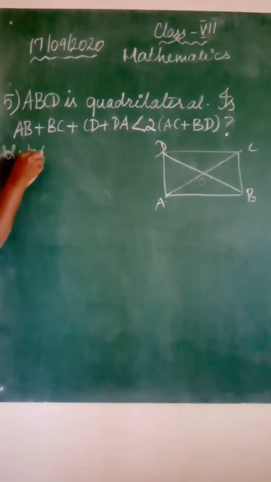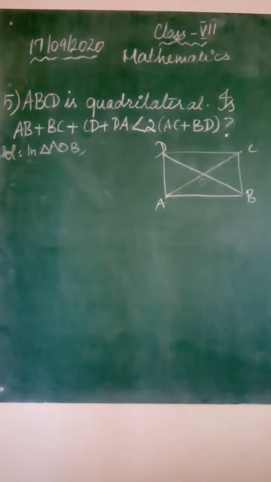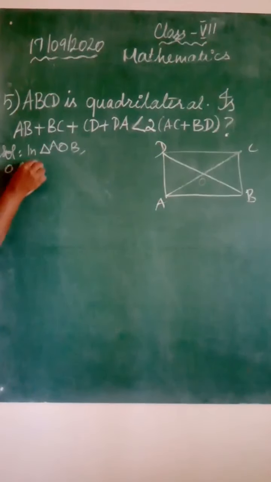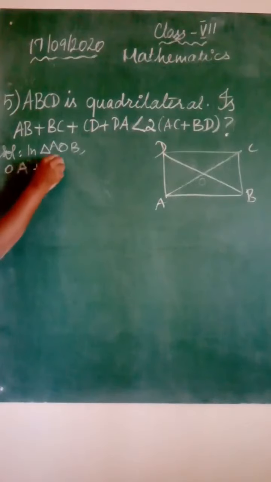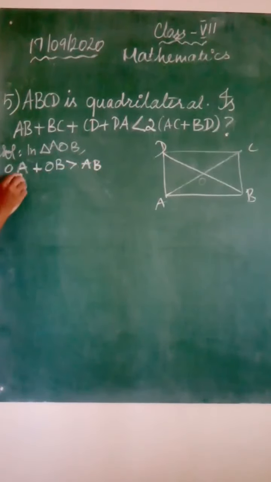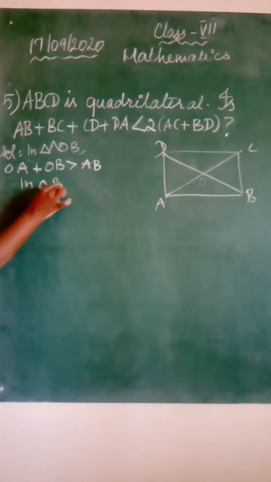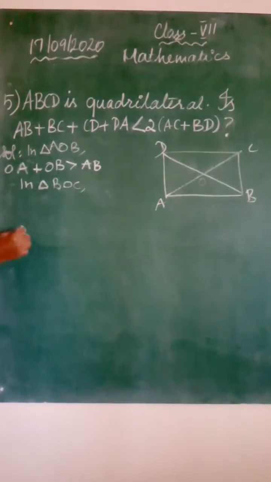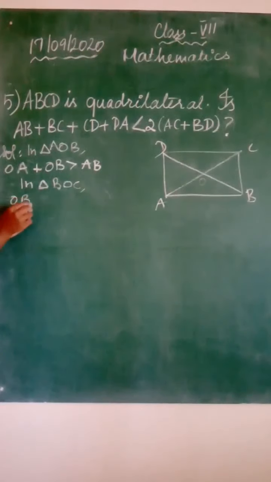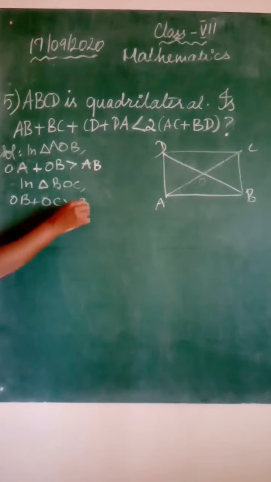In triangle AOB, you will have OA plus OB greater than AB. Okay, next in triangle BOC, then OB plus OC greater than BC.